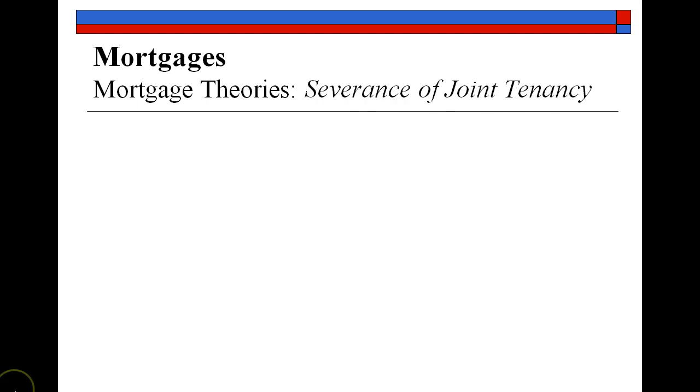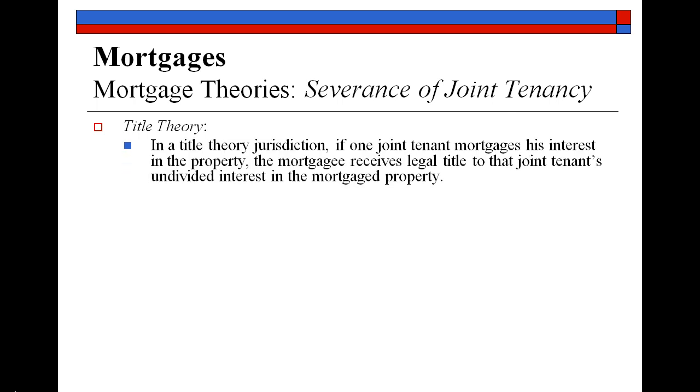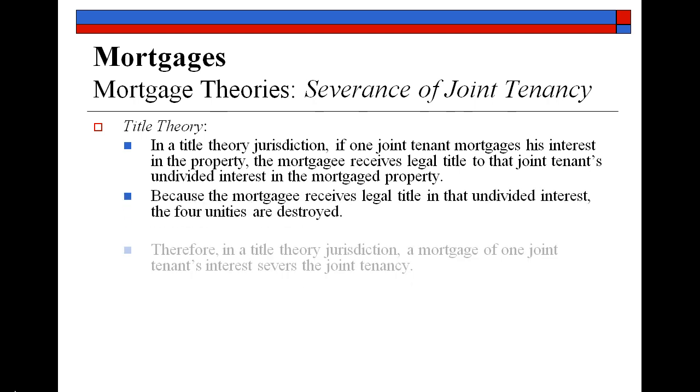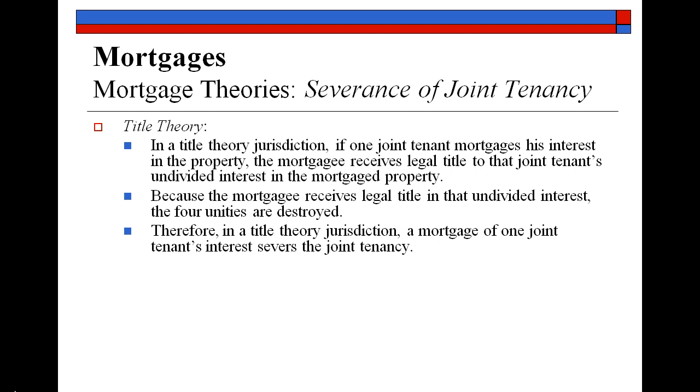As we learned first semester, the type of theory followed in a jurisdiction can have a significant effect if one joint tenant decides to mortgage his or her interest in property held in a joint tenancy. Under a title theory, of course, if one joint tenant mortgages her interest, the mortgagee receives legal title, and therefore the four unities have been destroyed and a severance of the joint tenancy will occur.